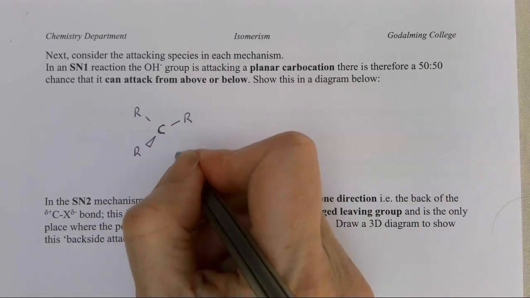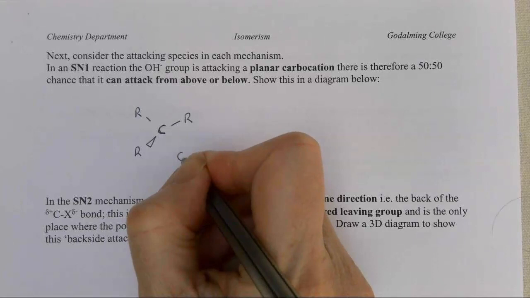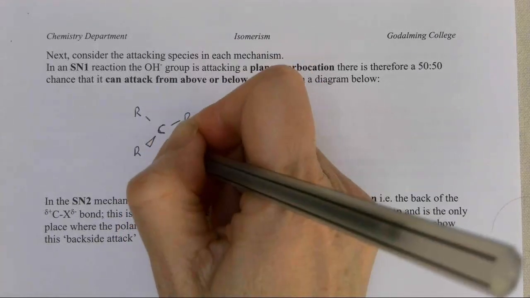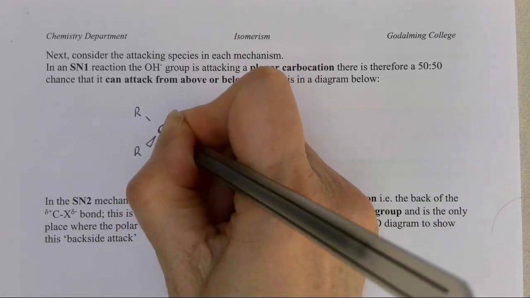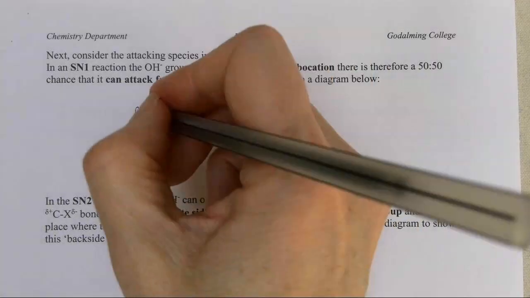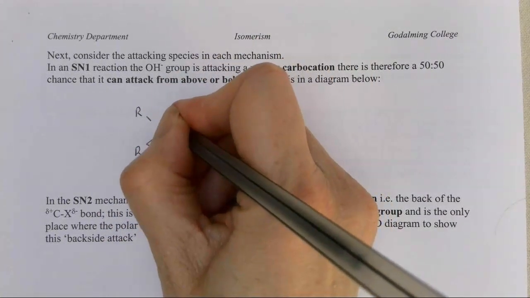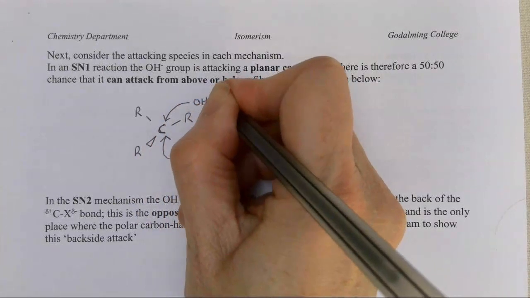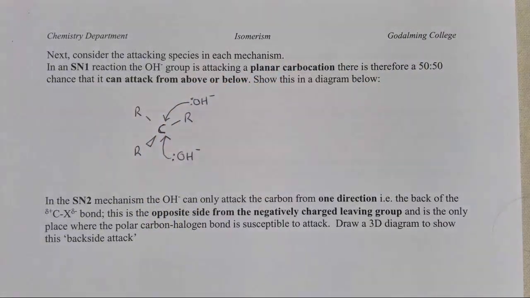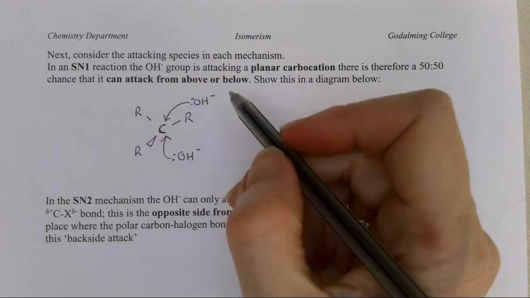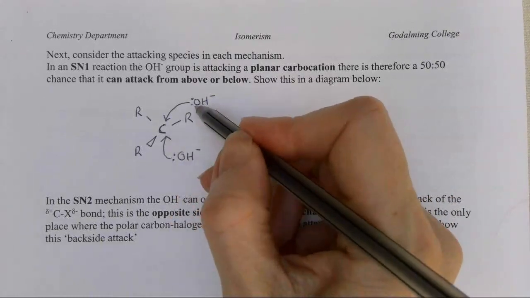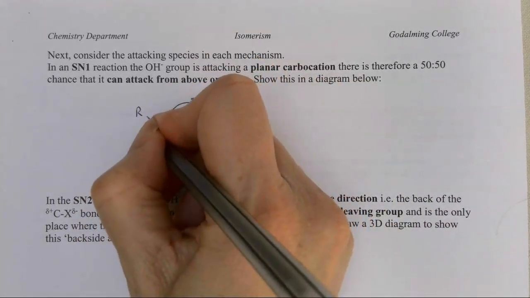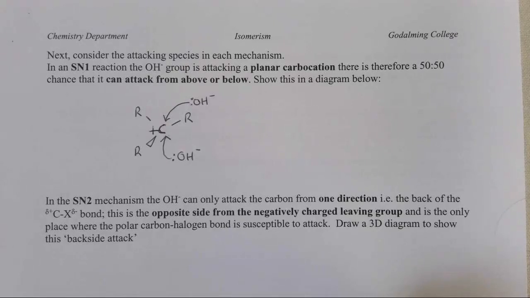And that means that the OH group can attack the bottom of the molecule, so it can attack underneath, or it can attack from the top. So it's got two ways that it can attack. It can attack from the bottom, or it can attack from the top, because the carbocation structure is a planar structure.